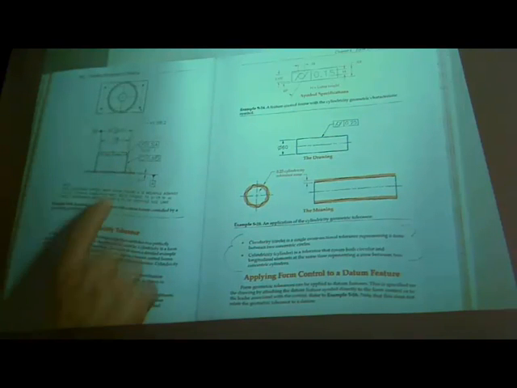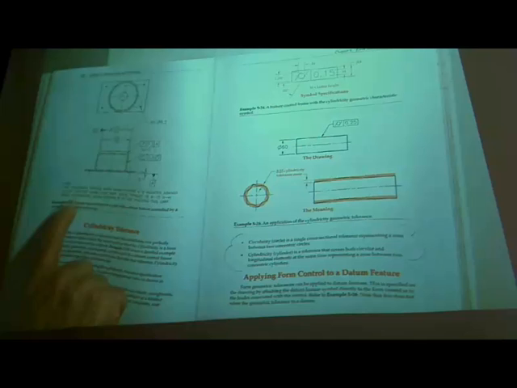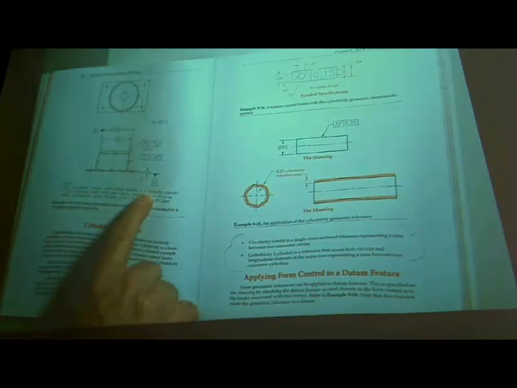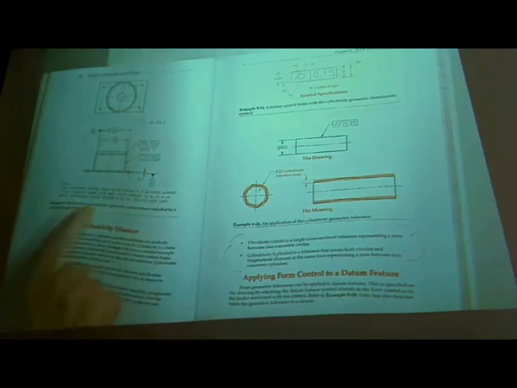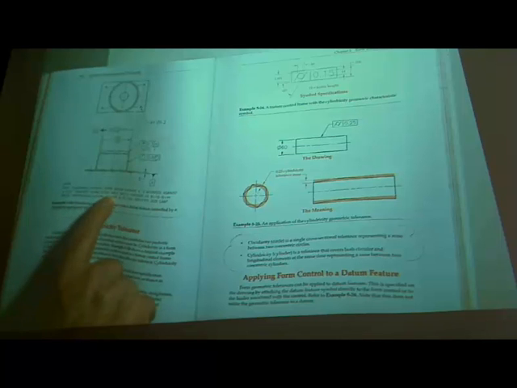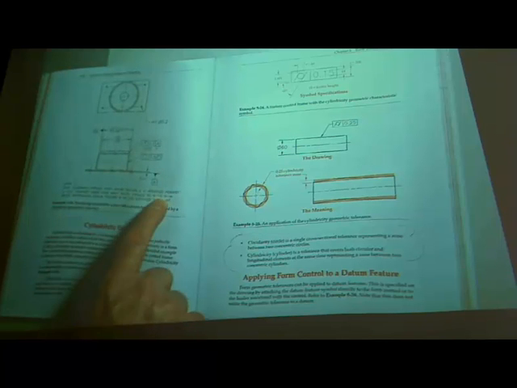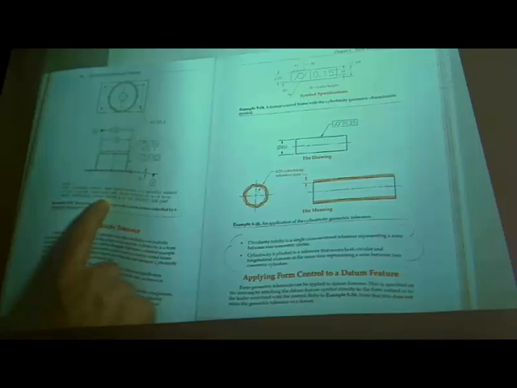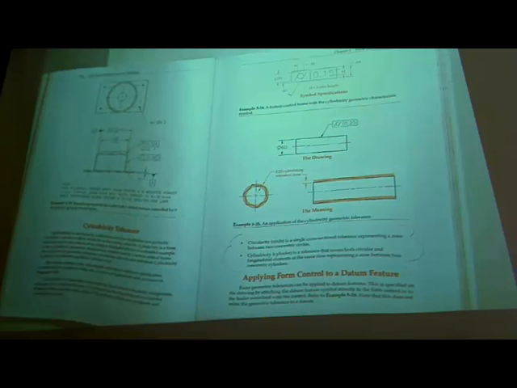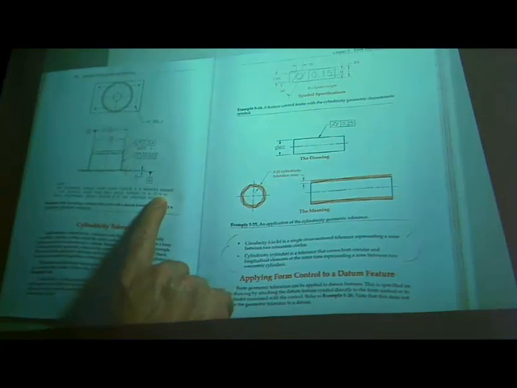would restrain it. This tolerance applies when the datum feature is mounted against a flat surface using 4 bolts torqued while restraining datum feature B, 9 to 15 Newton meters. That's fairly light. Or I'm sorry, Newton meters, not nano.